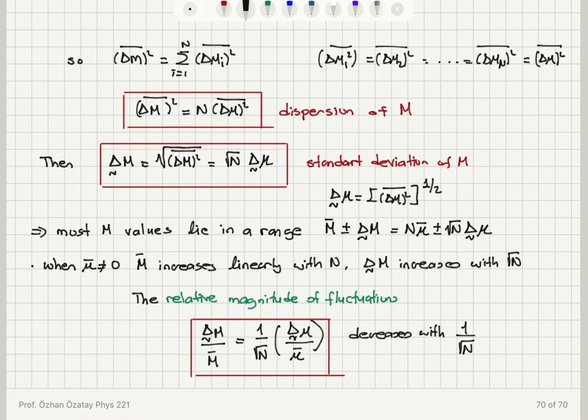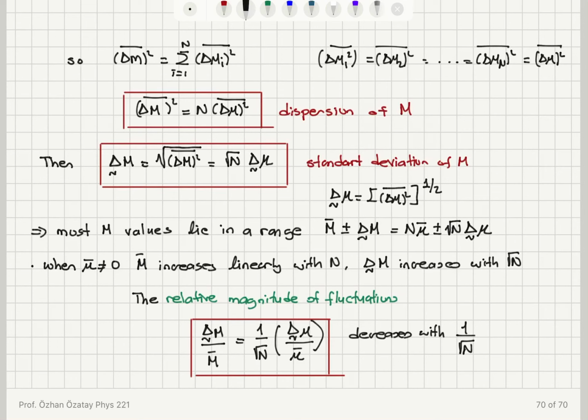And when mu bar is not equal to 0, when you increase the number of spins in the system, the total magnetic moment increases linearly with it, and also its fluctuation around its mean value, which is determined by the standard deviation of M, increases with square root of N.